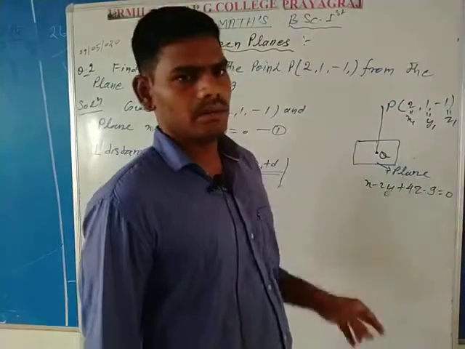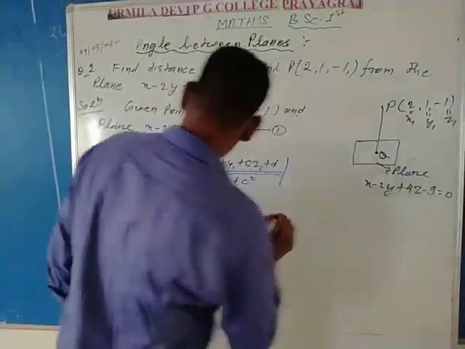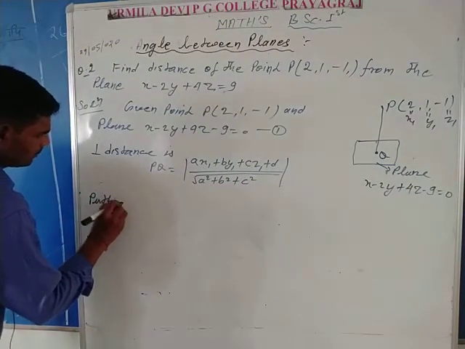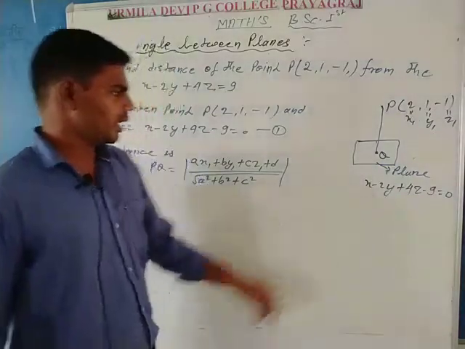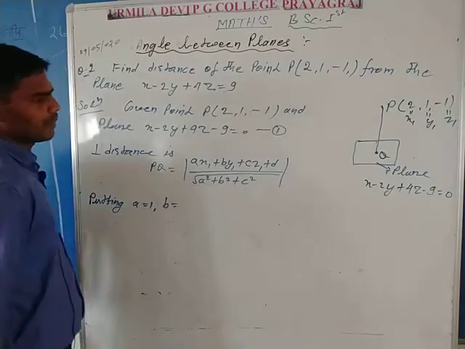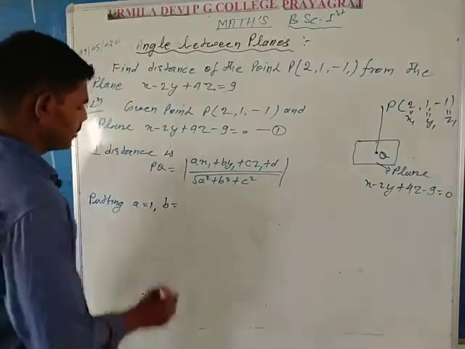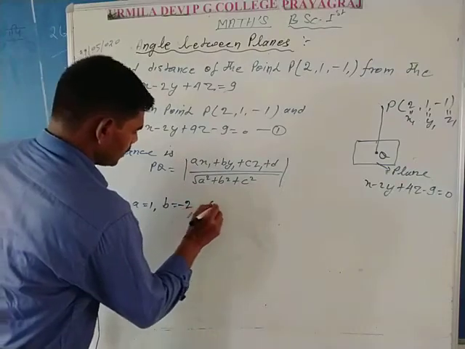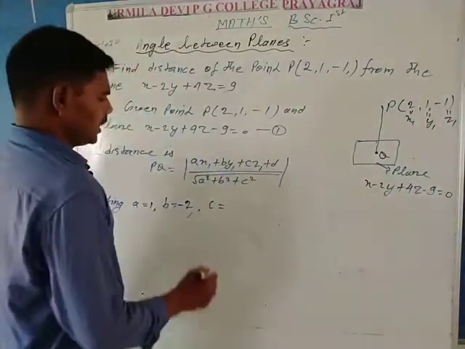Comparing this plane with the general formula of the plane, A is the coefficient of x, so A is equal to 1. The coefficient of y, minus 2, is B, so B is equal to minus 2. At last, C is the coefficient of z, which is 4.